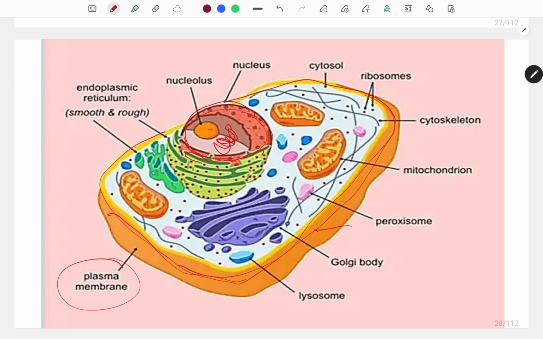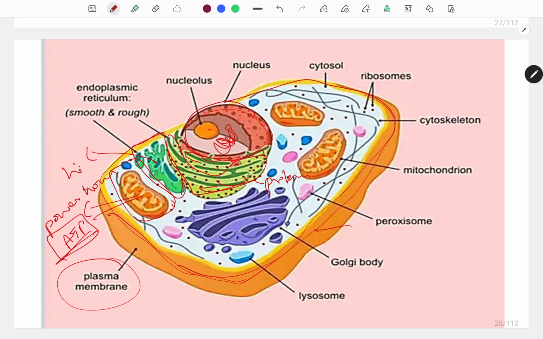In the endoplasmic reticulum, if ribosomes are present on it, then it is called rough endoplasmic reticulum. If ribosomes are not present, then it is smooth endoplasmic reticulum. These are involved in lipid biosynthesis, and the endoplasmic reticulum which has ribosomes on it will be involved in protein synthesis. And these are mitochondria. As we discussed before, it is the powerhouse of the cell, and here ATPs are produced, that is the energy currency of the cell.